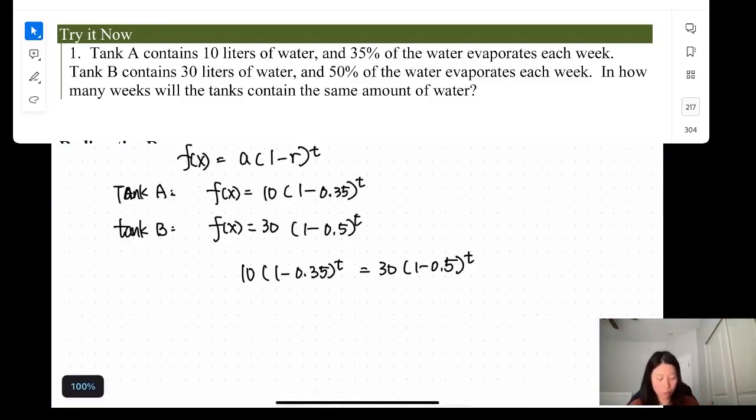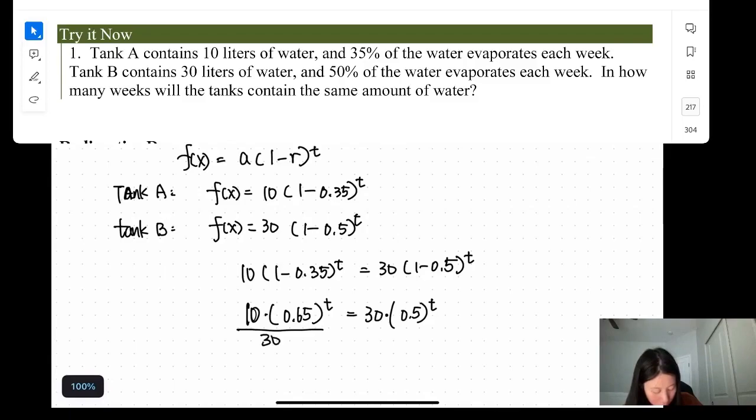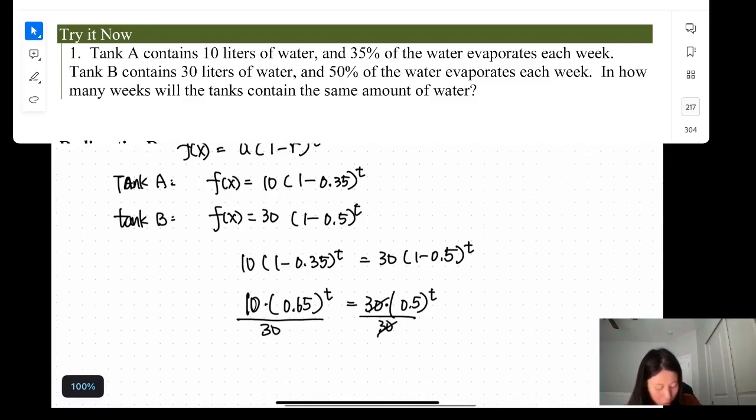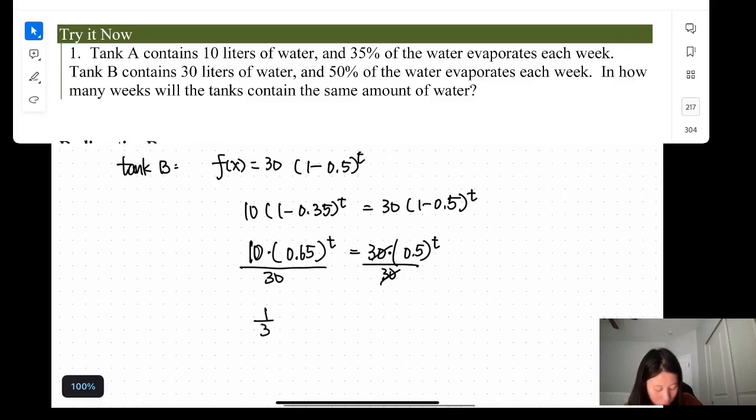So that means I will have 10 times 0.65 to the t power equals 13 times 0.5 to the t power. Again, we want to merge everything together. This is a multiplication. To break the multiplication, we need to use division, right? We divide by 13 on both sides. So I have 10/13 times 0.65 to the t equals 0.5 to the t.